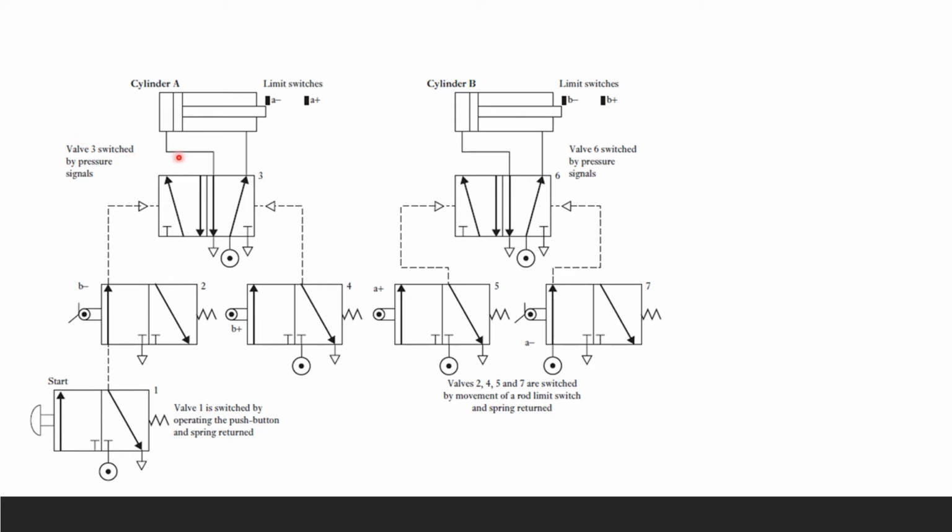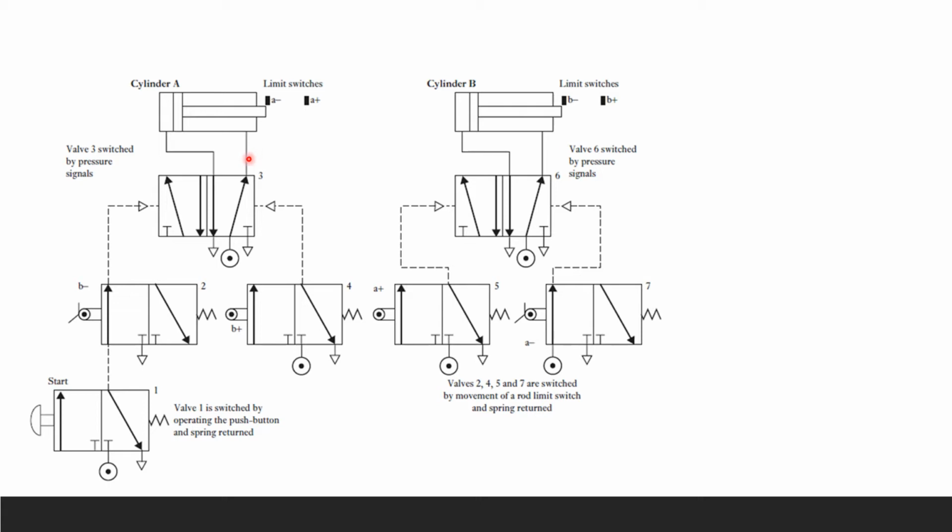So consider two cylinders A and B. Now let the required sequence be that the cylinder A has to be extended, cylinder B has to be extended, followed by the retraction of cylinder A, and finally the retraction of cylinder B. We know that the extended state is represented by the plus sign and the retracted state is represented by the minus sign.